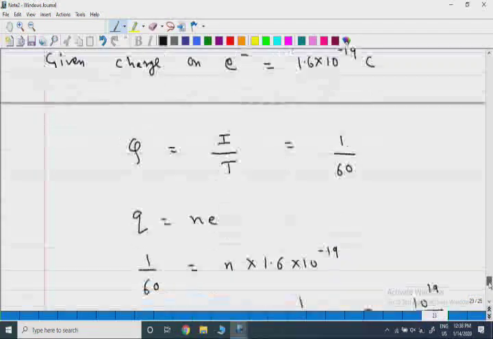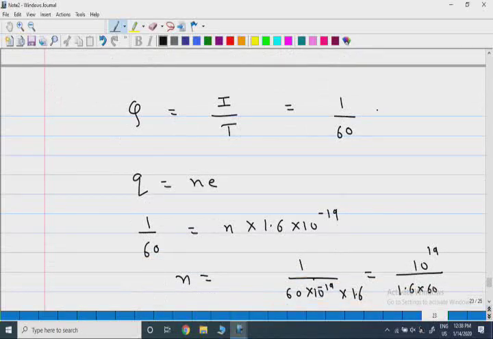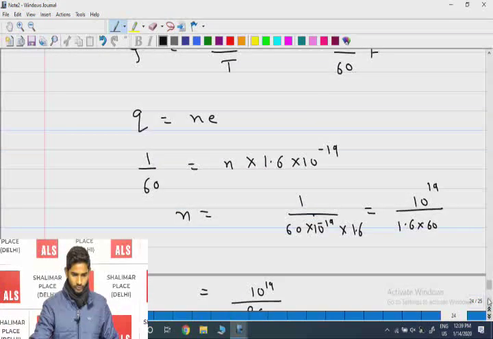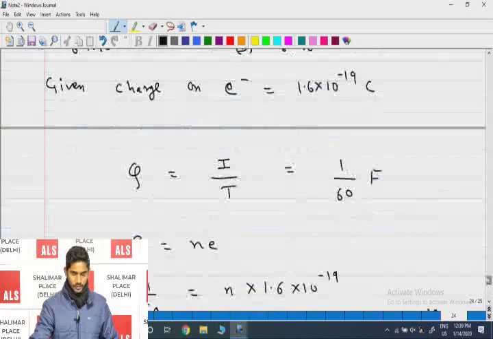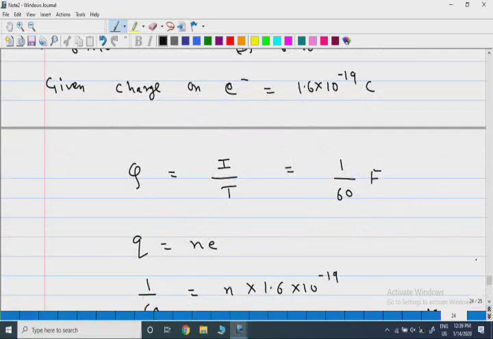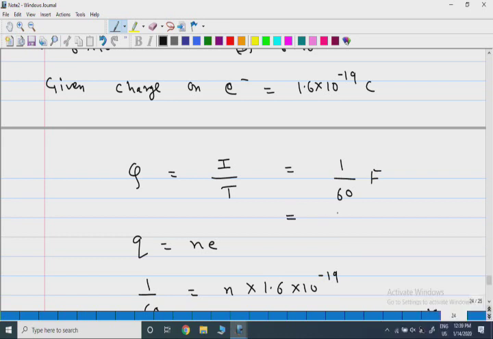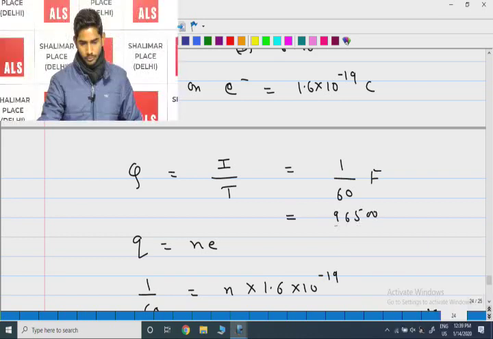One thing, guys, this charge is in farad. First of all, you have to convert it into coulombs as well. We know that 1 farad is equal to 96500 coulombs. So this is 96500 upon 60 coulombs.